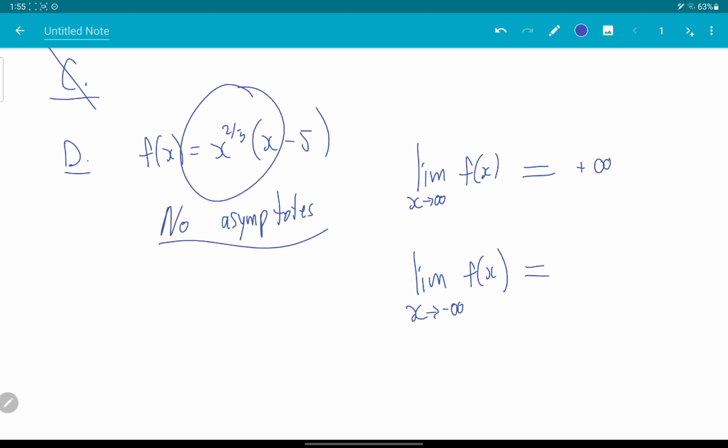This guy's a bit trickier. I got the power of 2 here, which is going to turn any negative x into a positive. So minus infinity times plus infinity. Overall, I'm getting minus infinity. So no asymptotes, but these calculations are useful.